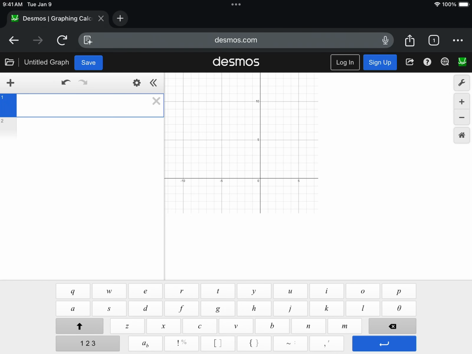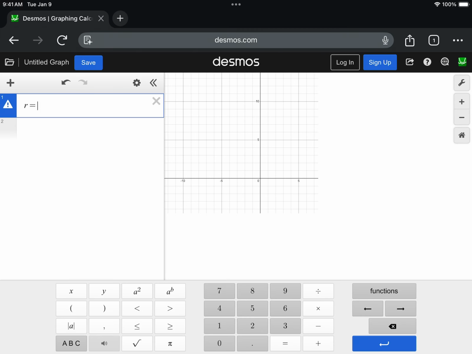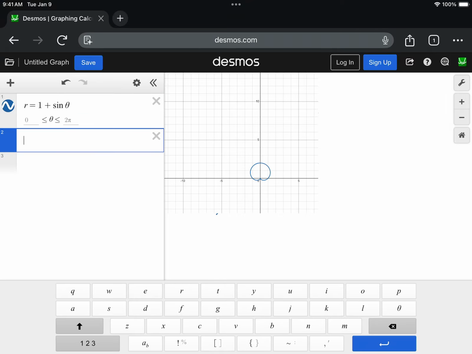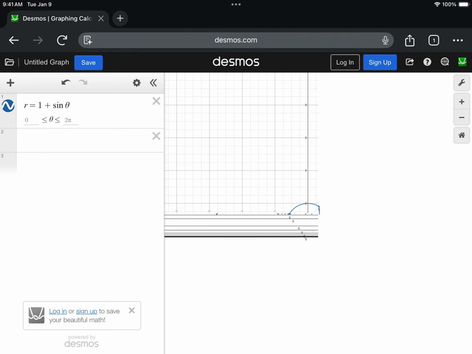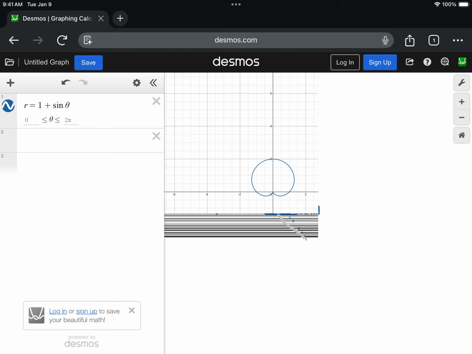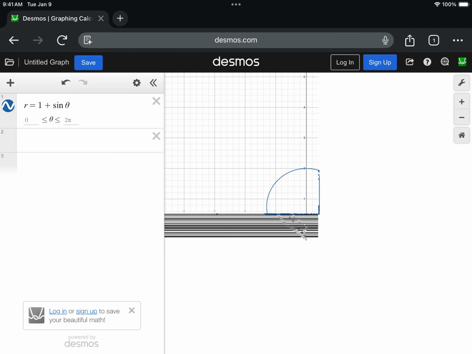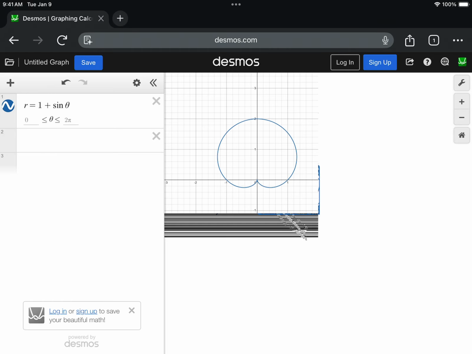So I can just put an r, an equal sign, and I can do 1 plus, and just type in sine, S-I-N, and theta, T-H-E-T-A. As I hit enter, it should trace out the cardioid. My screen is kind of overworked here, but you can kind of see that it traces out the correct curve.